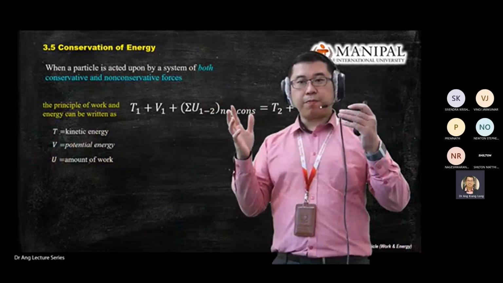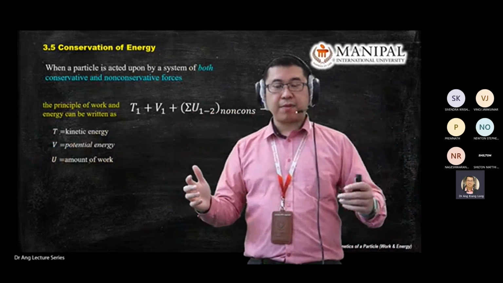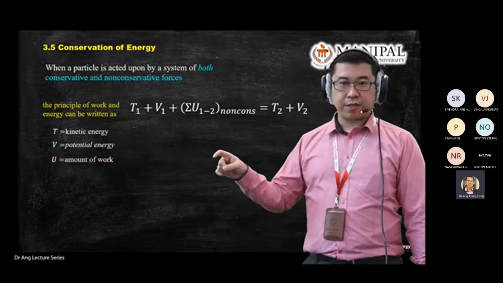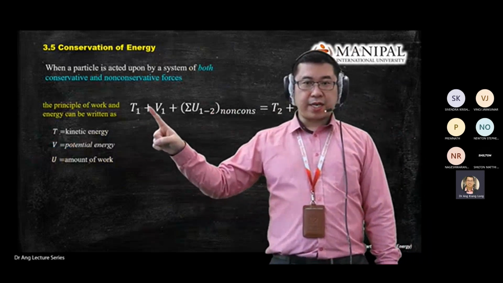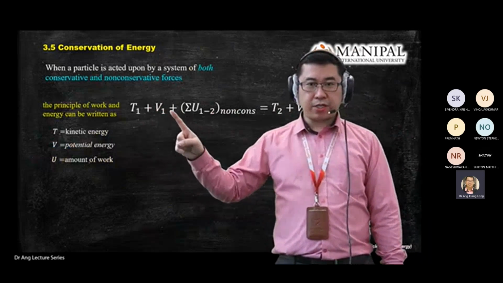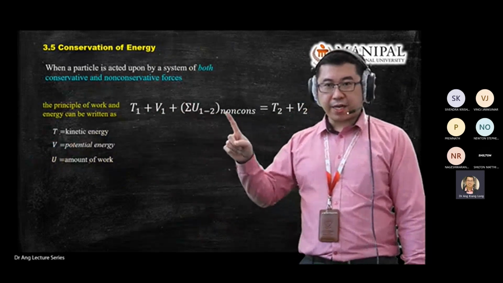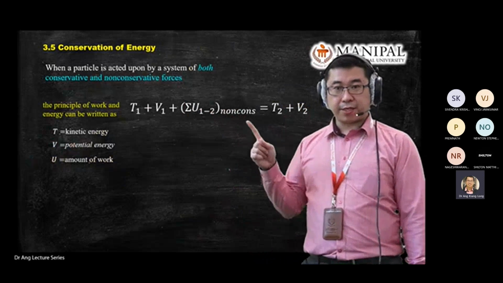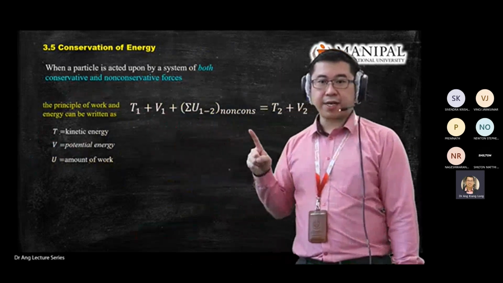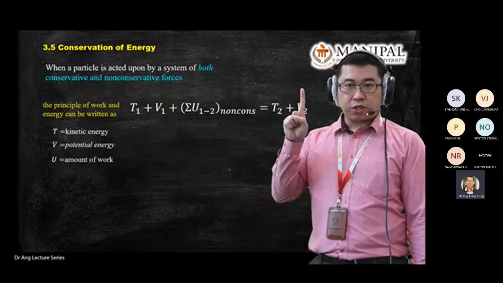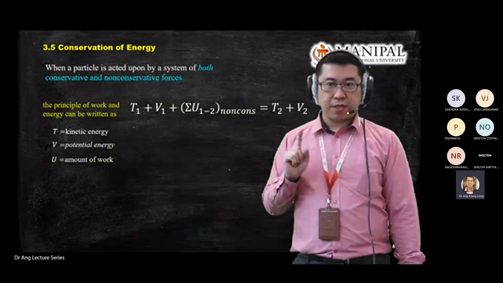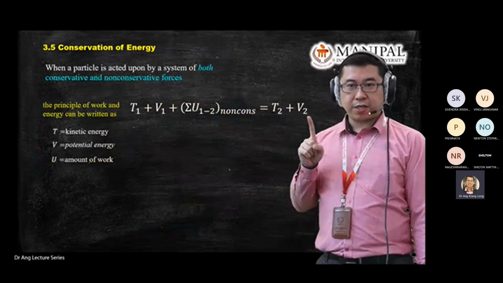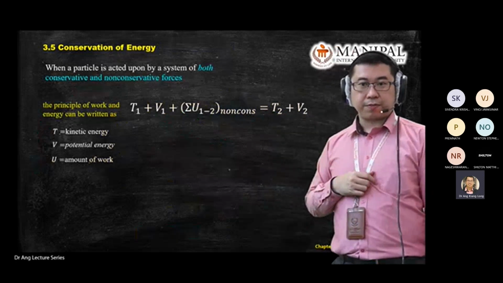So if you don't want to miss any energy in the system, you put all the defined energy in one equation, which is T1 kinetic energy plus potential energy plus the work done in the system, which is non-conservative work done inside the system. You put that on the left hand side, equal to the change of energy on the right hand side. T means kinetic energy, V means potential energy.